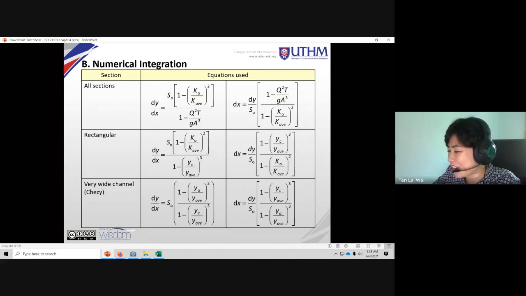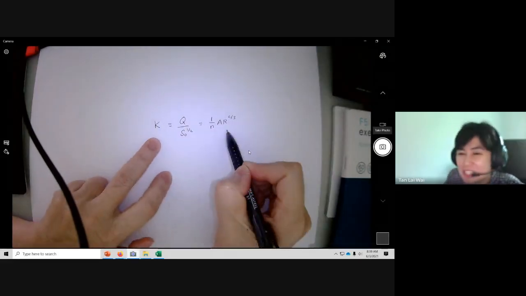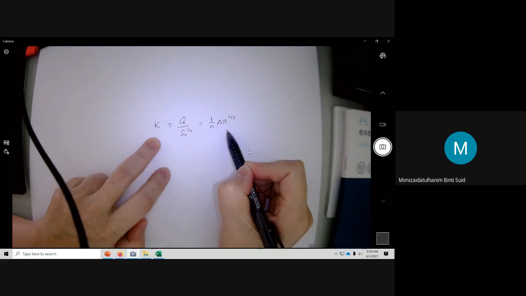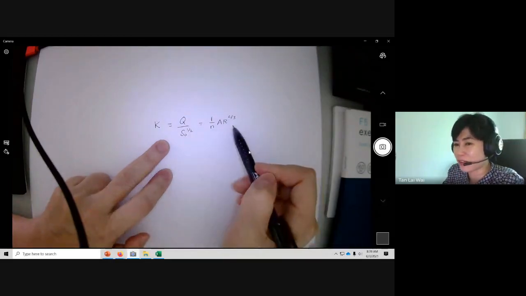Sorry. Now, let's say the question gives us the Manning coefficient. Therefore this K equals this term, as well as it should be equal to this. Agree? Yes, doctor. This is carrying capacity over longitudinal slope, therefore it is equal to this.